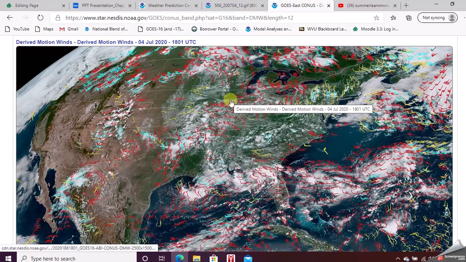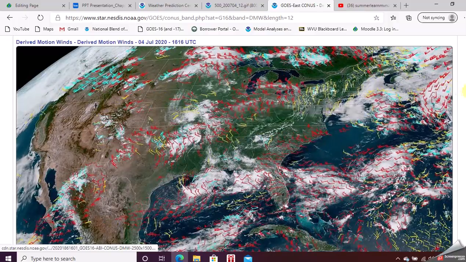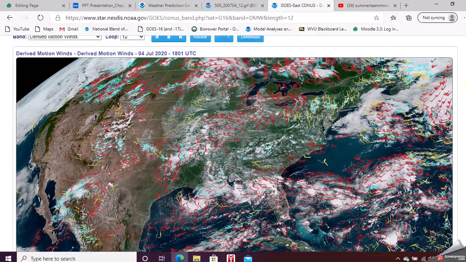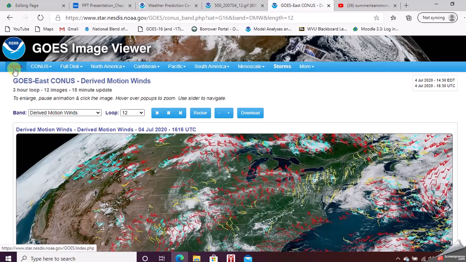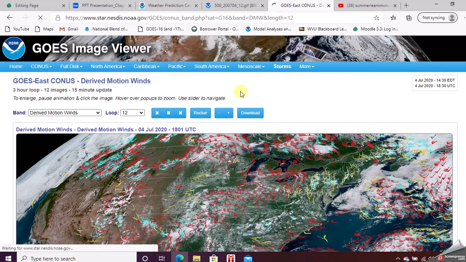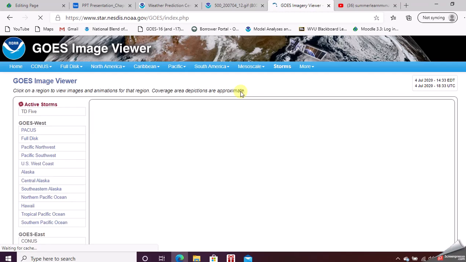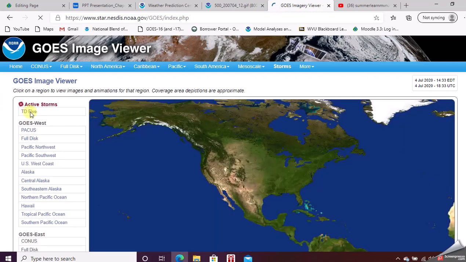One of the things I was going to show you quick on this is that there is a tropical depression out there right now. It's not a big one, but tropical depression number 5.